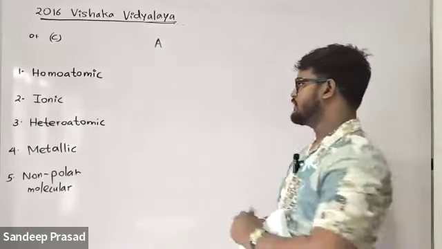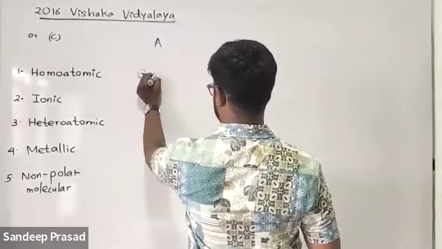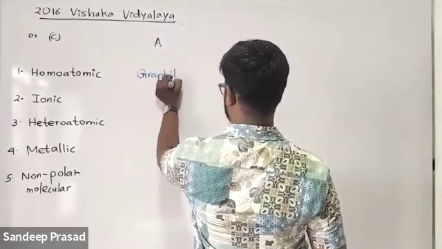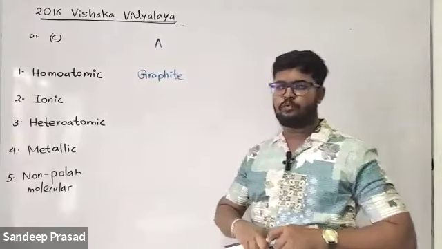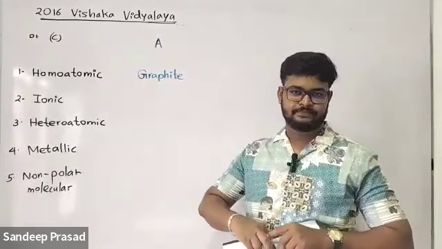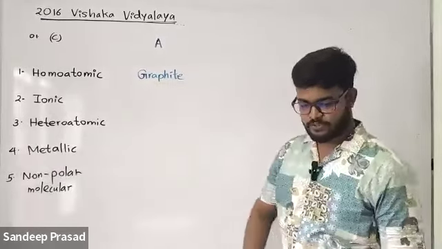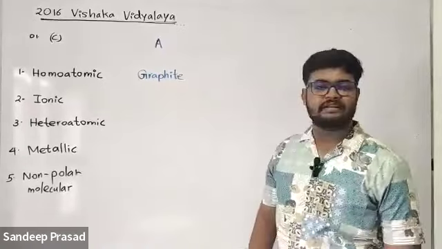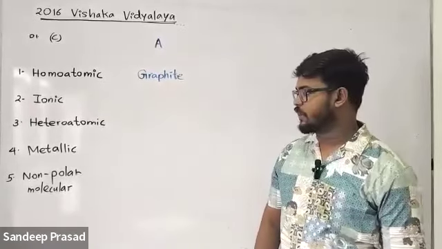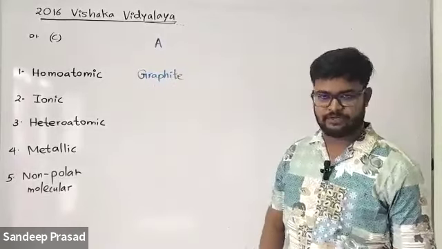So the homoatomic one that we have is graphite. But remember, they are asking here about a homoatomic lattice, right? So definitely we can use graphite here. Now I saw that some of you told me iodine also, but iodine can be categorized in a separate one. So let's take graphite as the main, right?